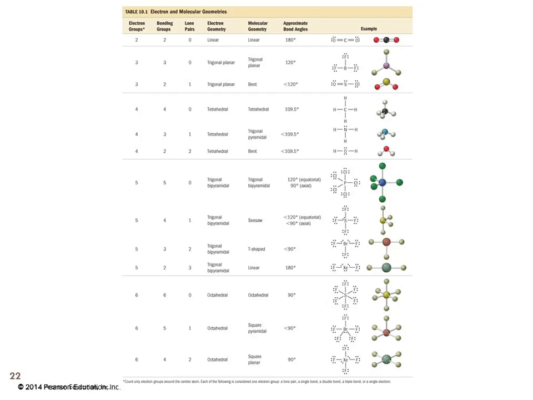And there's a table from your book that summarizes all these things. And that can be helpful to refer to. But what I recommend doing is first thinking about how many groups, how can they get away from each other. Get these electron geometries straight in your head. We've got linear, trigonal planar, tetrahedral, trigonal bipyramidal, and octahedral.